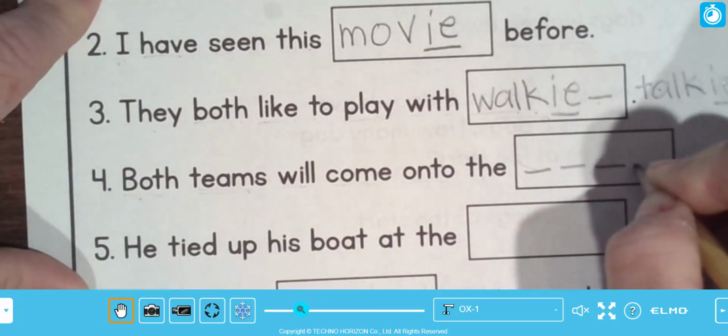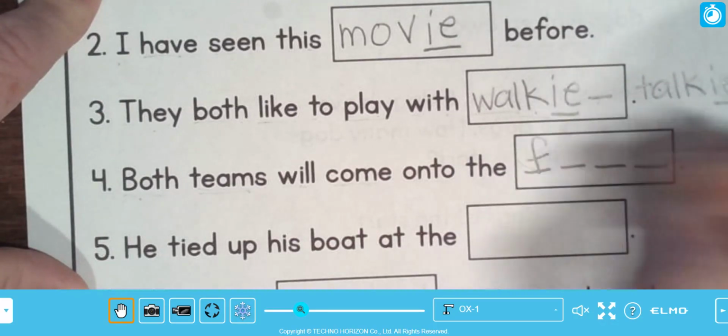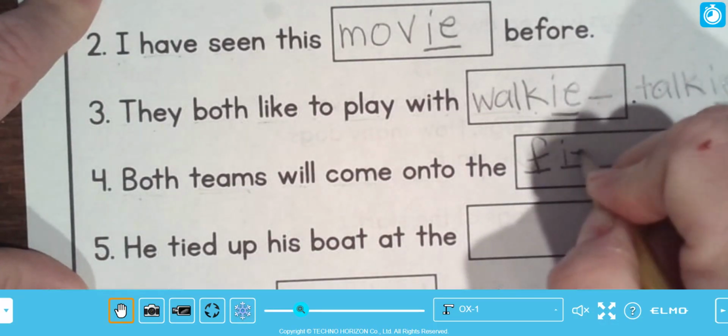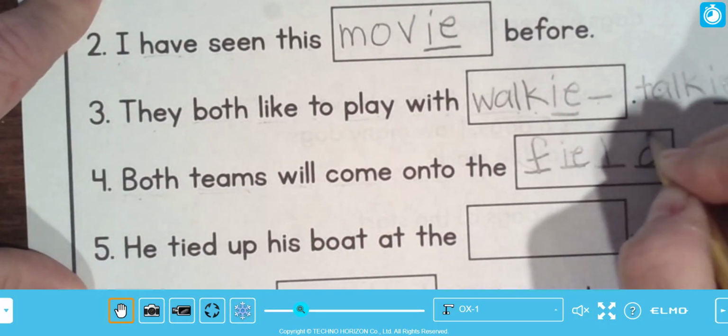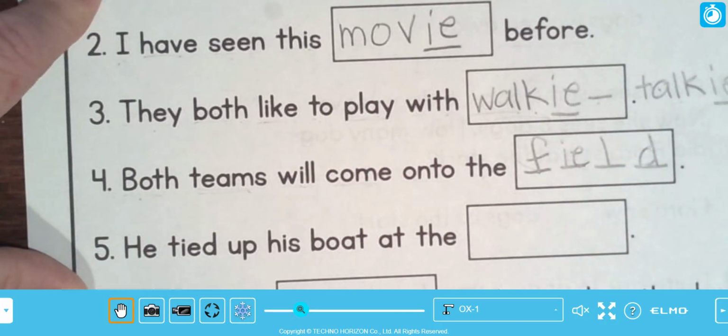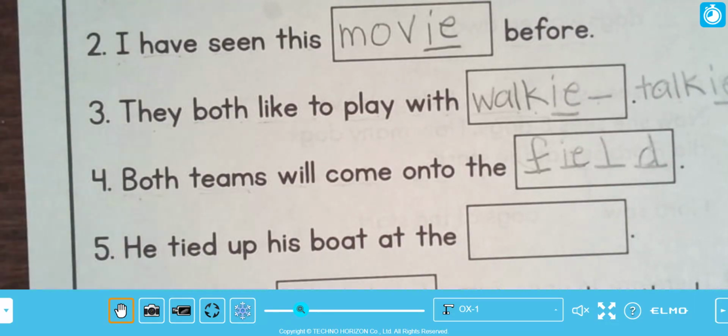F-E-O-D. Old field. Go ahead and write it down. Okay.